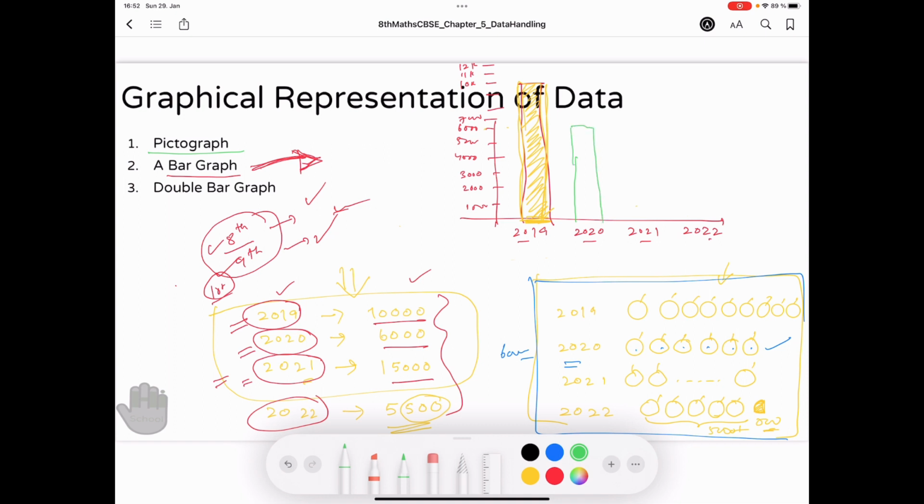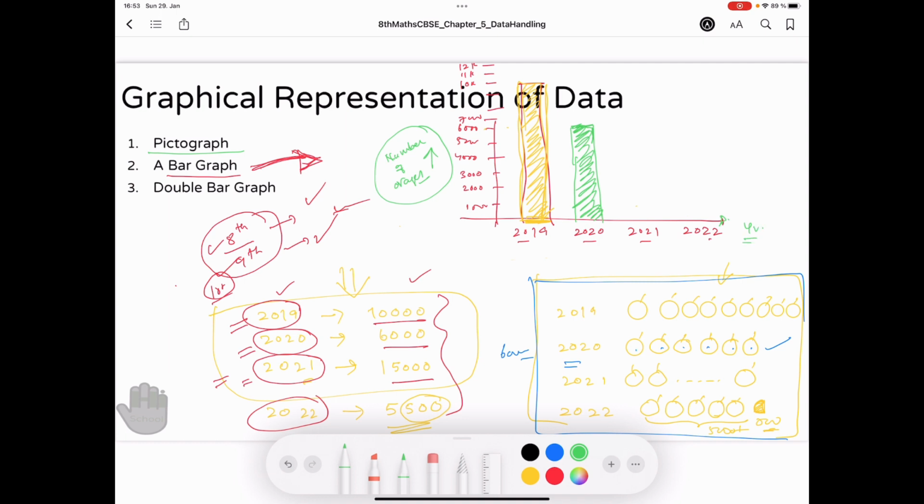So we'll make this category 2020 a rectangle of 6,000 height. Okay, on this scale, this is the number of oranges. This is important to write, what the y-axis represents, and what this axis represents, the year.